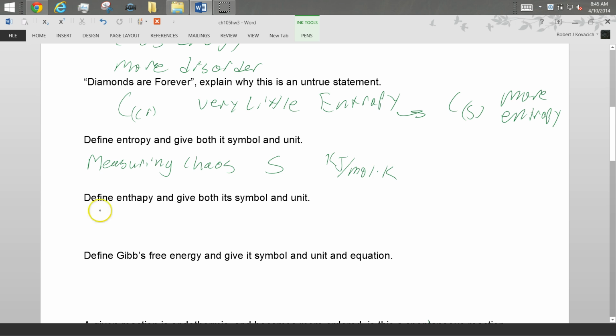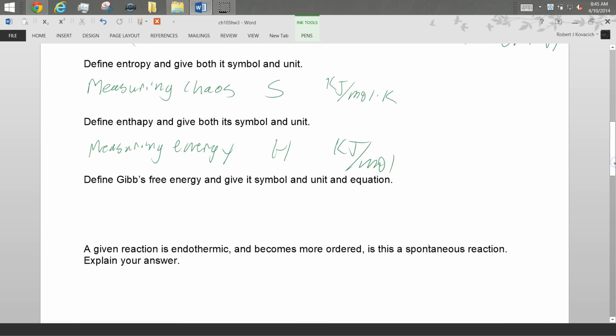And then enthalpy is measuring heat or energy, and its symbol is an H, and it's just kilojoules per mole.